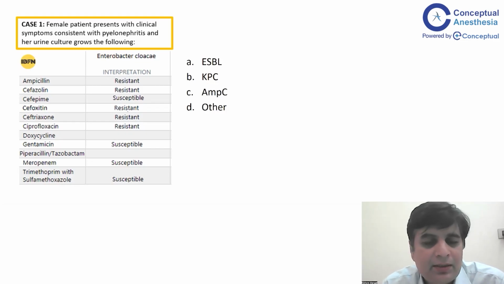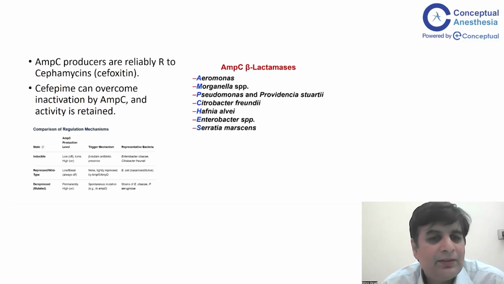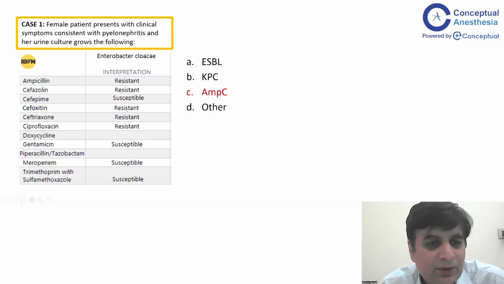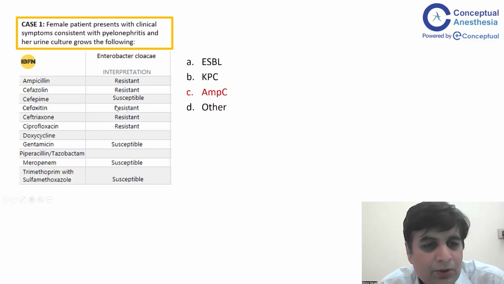And here the answer is AmpC, that is Enterobacter cloacae AmpC, because AmpC producers are reliably resistant to cefoxitin. We see here that there is cefoxitin resistance, and cefepime as an antibiotic can overcome inactivation by AmpC and activity is retained. That is another very important thing. So cefepime sensitivity and cefoxitin resistance give you one hint that this could be AmpC.